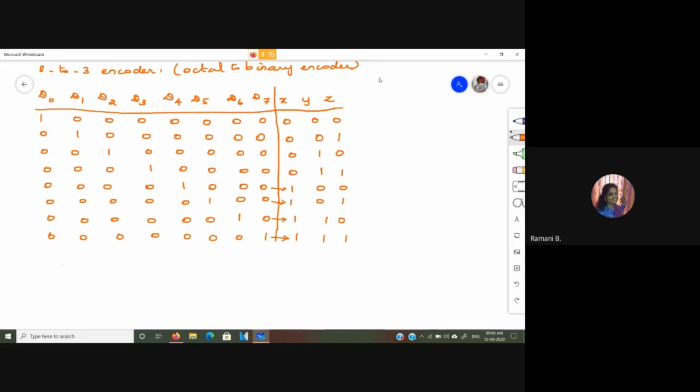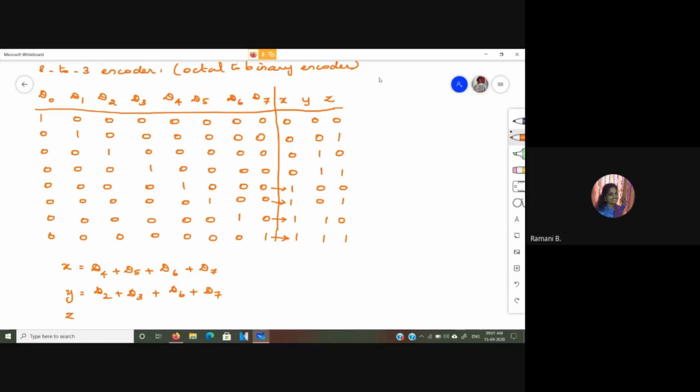So you can give the expression for X as D4 plus D5 plus D6 plus D7. Okay. Similar way for Y, here you have D2 plus D3 plus D6 plus D7.